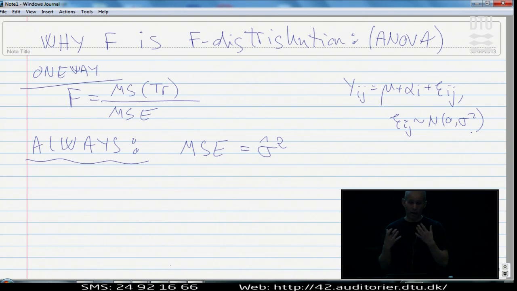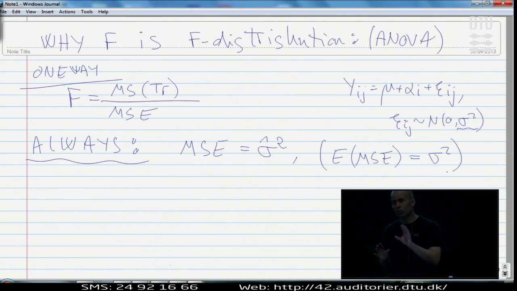The mean squared error coming out of the ANOVA table, the average variability within groups, is of course the estimate of this average variability. And put differently, what would we expect from such a mean square? We would expect it to be, on average, the underlying within group variance. So the MSE, which is the denominator of the F-statistic, is always an estimate of this within group variability.